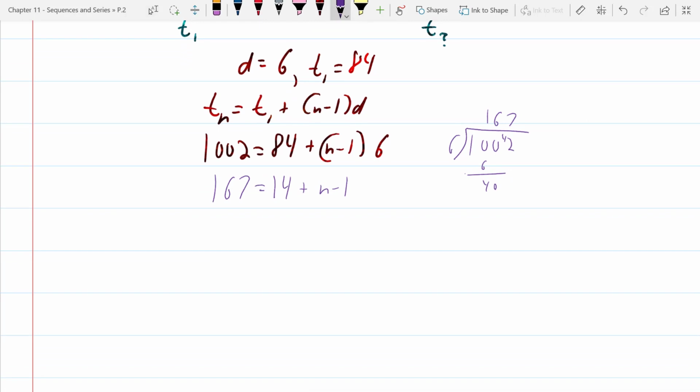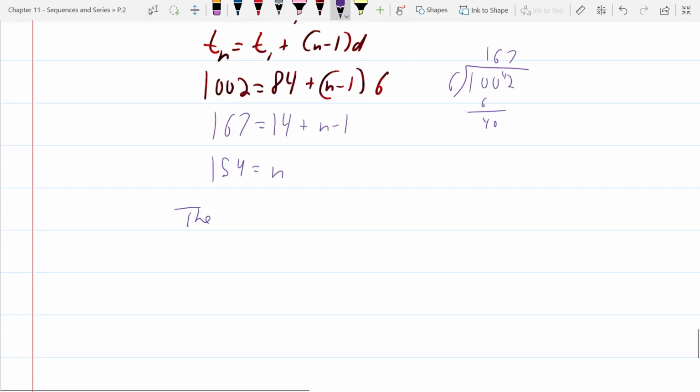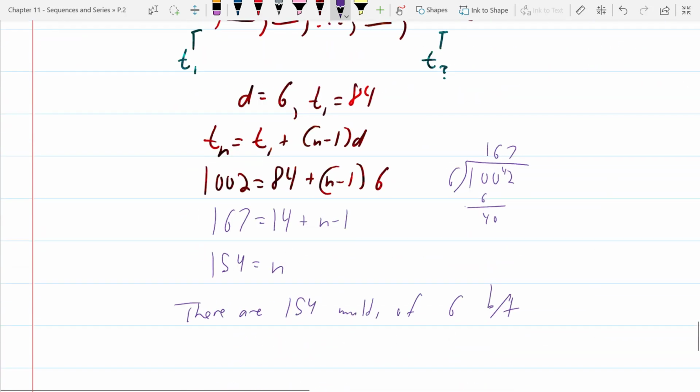And if I add 14 and then subtract, I get 154 is equal to n. So there are 154 multiples of 6 between those two numbers, 79 and 1005.